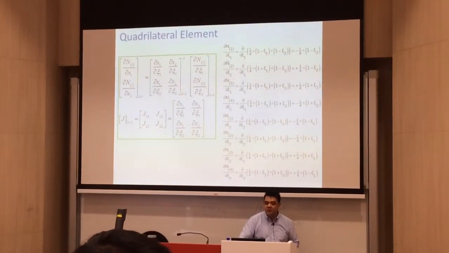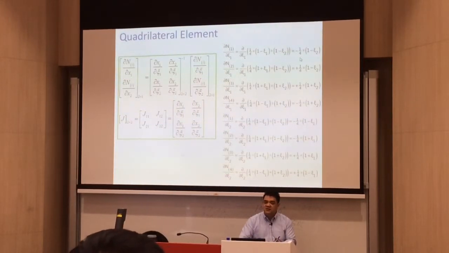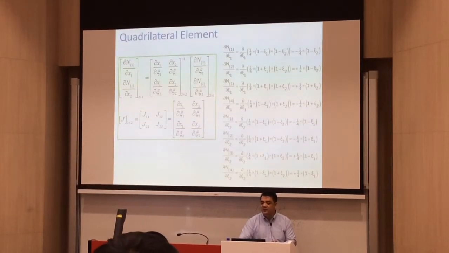Partial N1 with respect to C1, partial N2 with respect to C1, N3 with respect to C1, and so on and so forth. So you don't have to take the derivative already because the equation is fixed, shape function is fixed for quadrilateral element. All you have to do is to plug in your values for C1, C2. So what is the value for C2 here? 0.